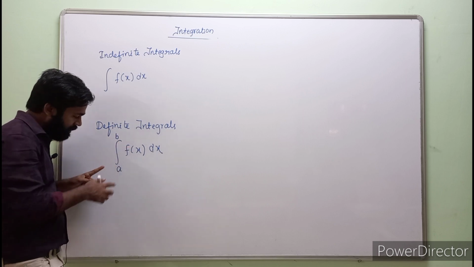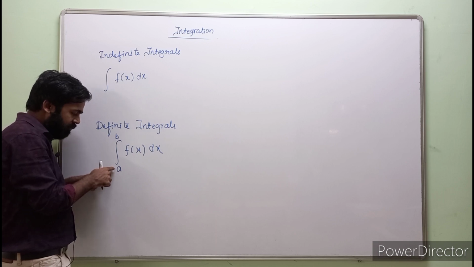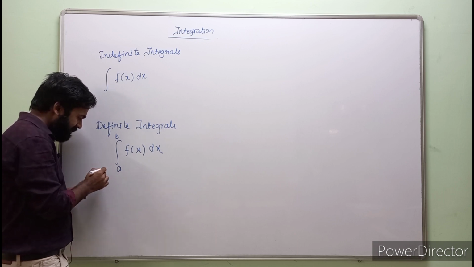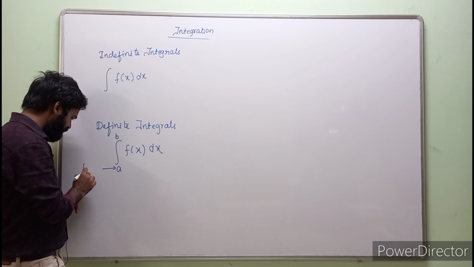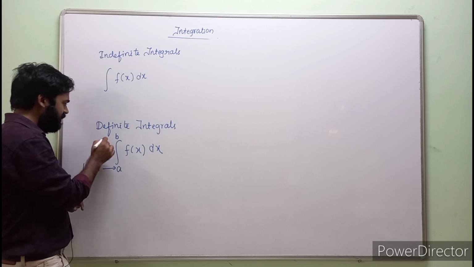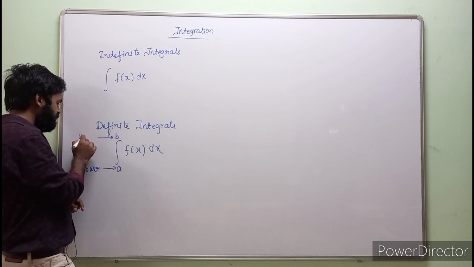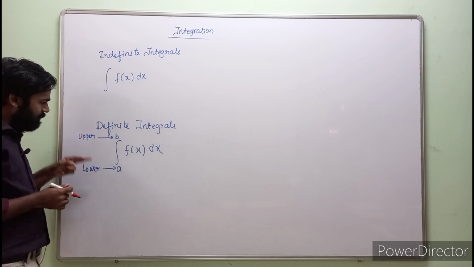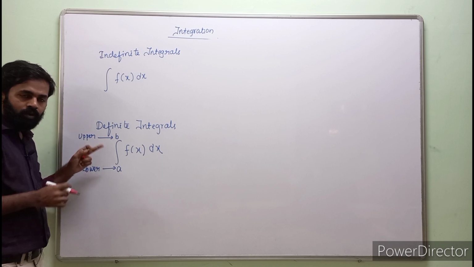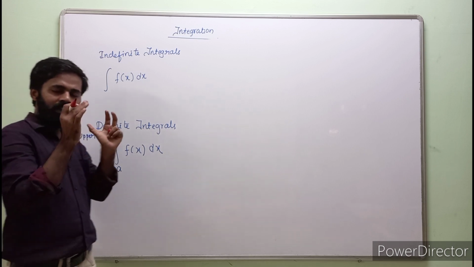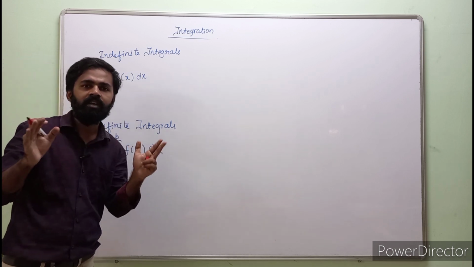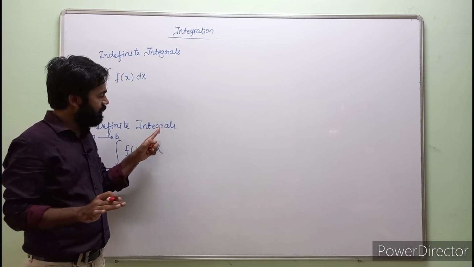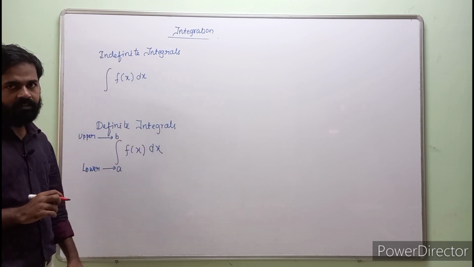Now here you can see we are mentioning the limits. This is called as lower limit, this is called as upper limit. So we are giving some limits from where to where we should integrate. They are called as definite integrals.